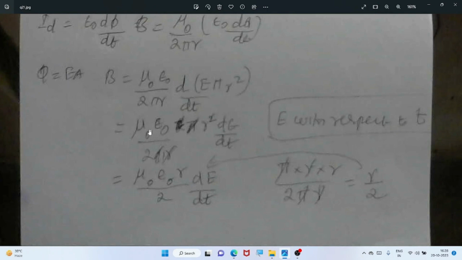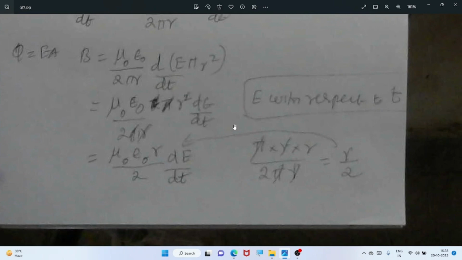Differentiation of the area. Differentiate E with respect to the time. The pi r square divided by the 2 pi r. Pi cancels out, r cancels out, so r by 2 dE by dt.